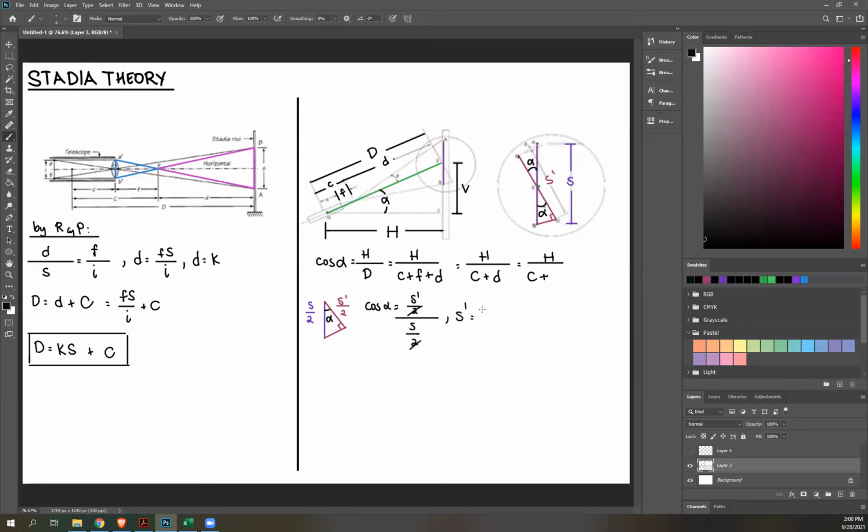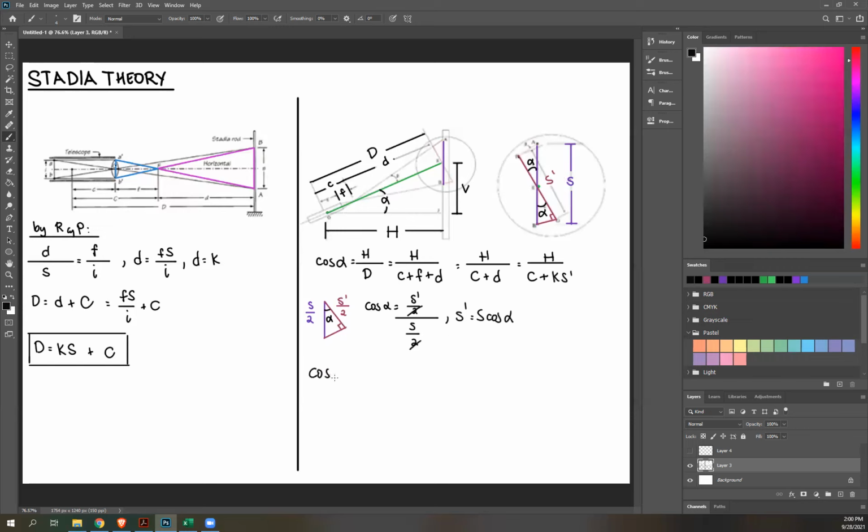S prime is just S cosine alpha. And then this is KS prime. I got this from this, wherein S is the angle subtending your scope. So this is the S. I needed to relate S prime to the actual S. So now I can sub that there.